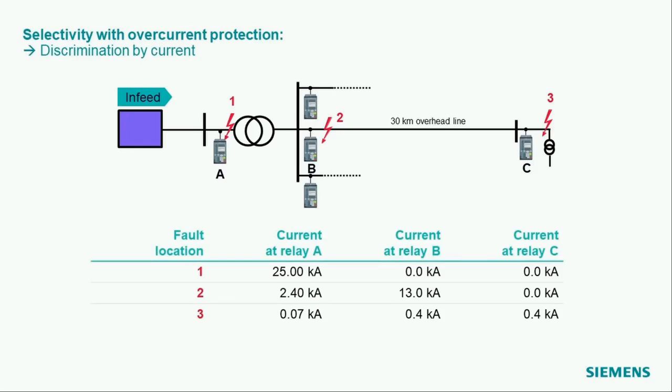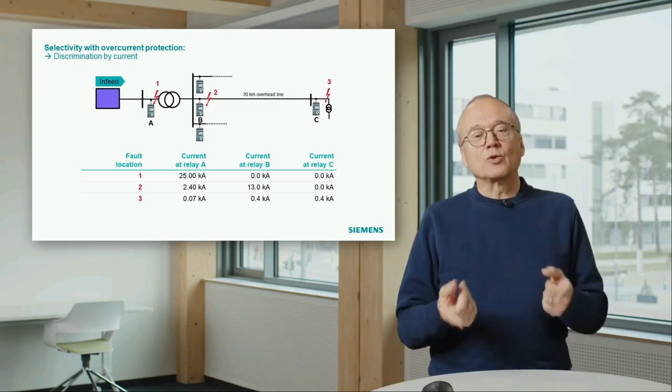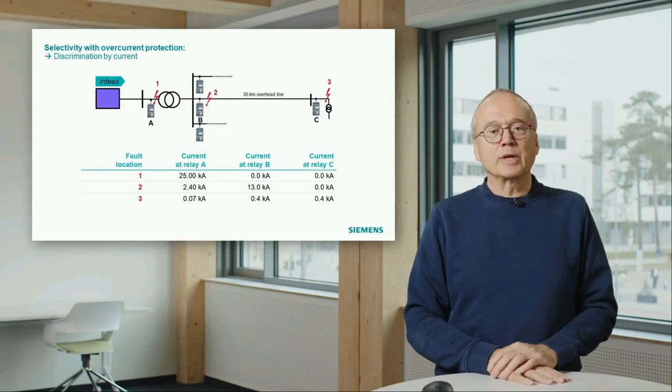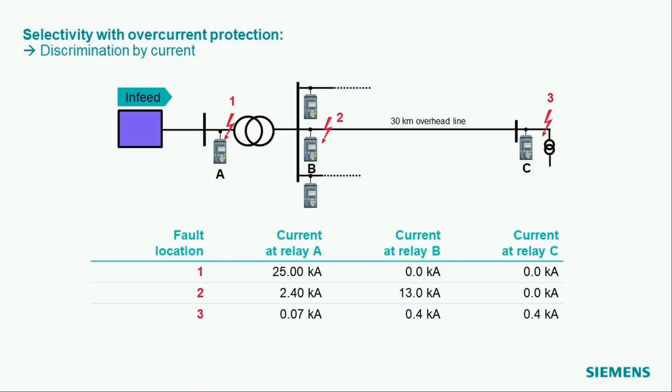In this case I did a calculation of the short circuit current for the three locations. I also assumed we don't have a network with short cables. In this case I assume between substation B and C a 30-kilometer overhead line.